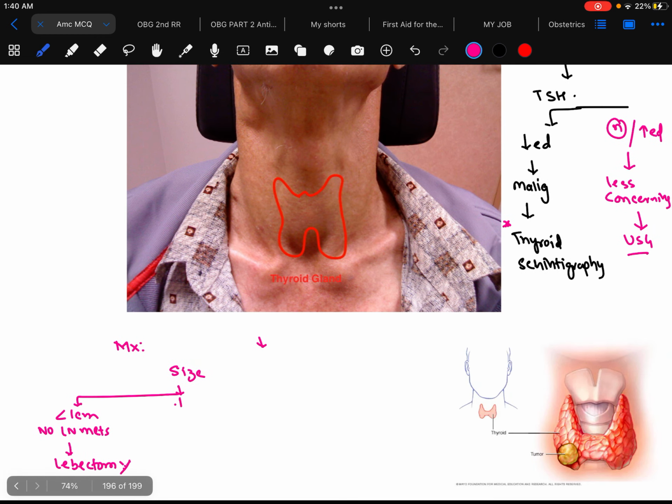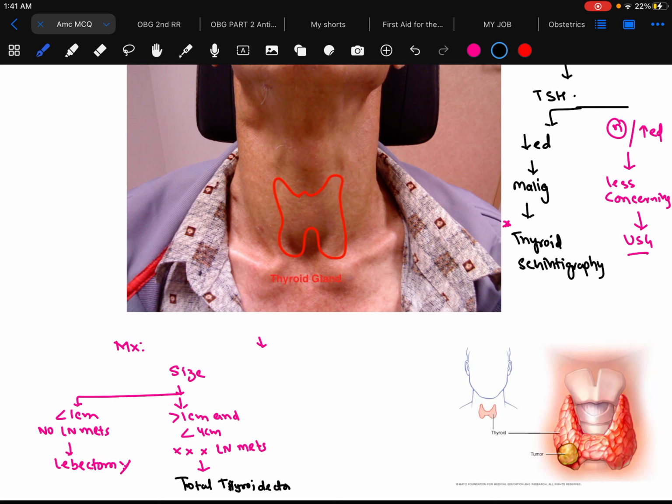If a patient with a suspicious malignant thyroid nodule has a size more than 1 centimeter but less than 4 centimeters, with no lymph node metastasis, the treatment of choice is total thyroidectomy.